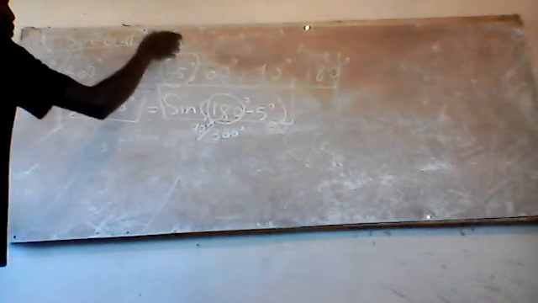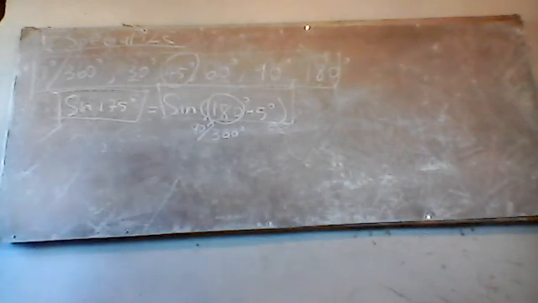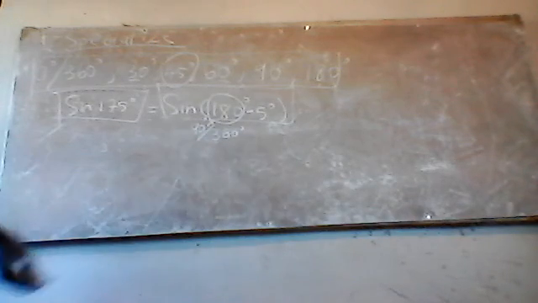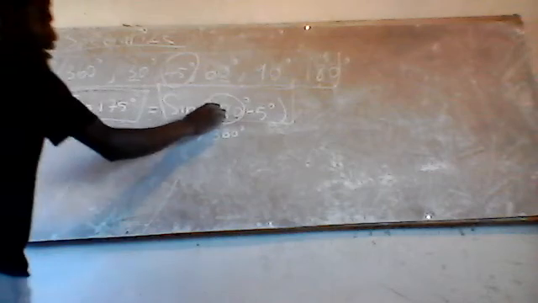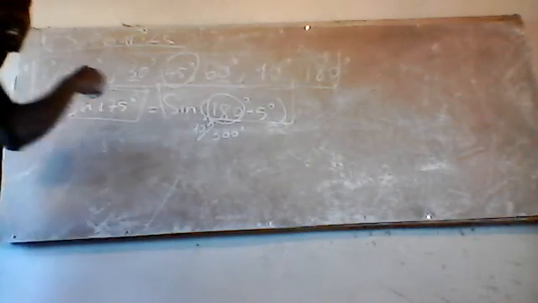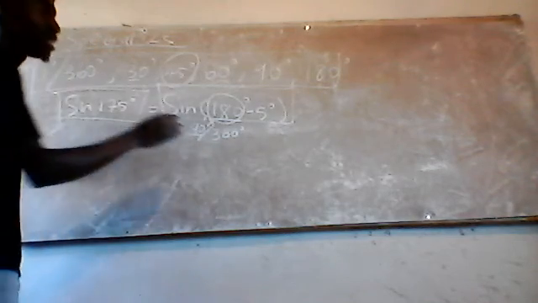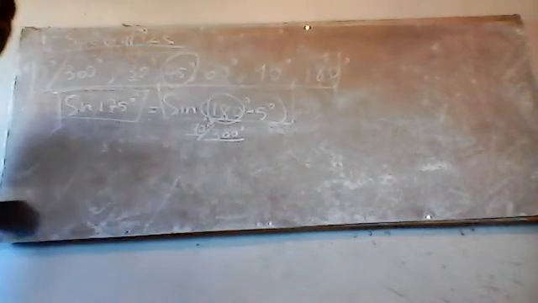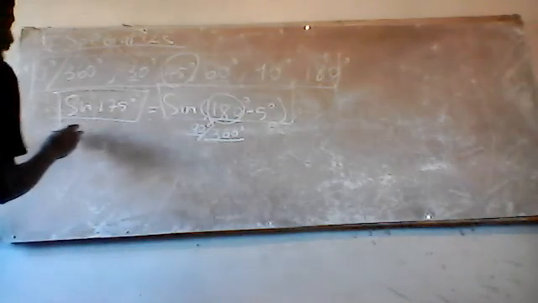Say you may be able to mix 45 and 30. If you are given sine of 75, you can write it as sine of 30 plus 45. But for now, you are going to have to use the 3. It's either 180 plus or minus an angle, 90 degrees plus or minus an angle, 360 degrees plus or minus an angle.